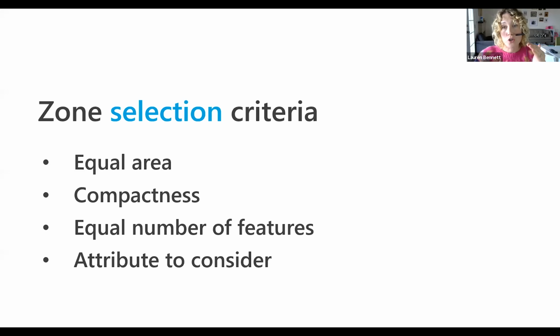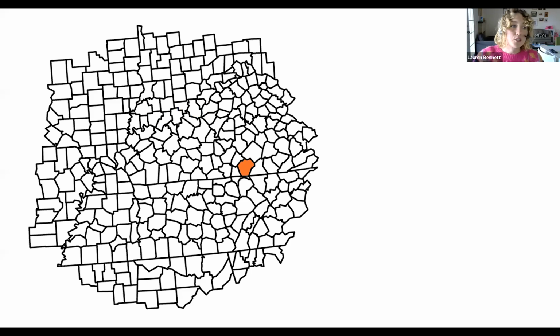If it's choosing between 10 different potential outputs, it will use these selection criteria to say, oh, this one does that the best, so we'll pick this one. Really, this is very much a spatial optimization problem. The reason that we use a genetic algorithm is because there are countless combinations of these different criteria and spatial layouts that we want to consider, and we just can't consider them all.